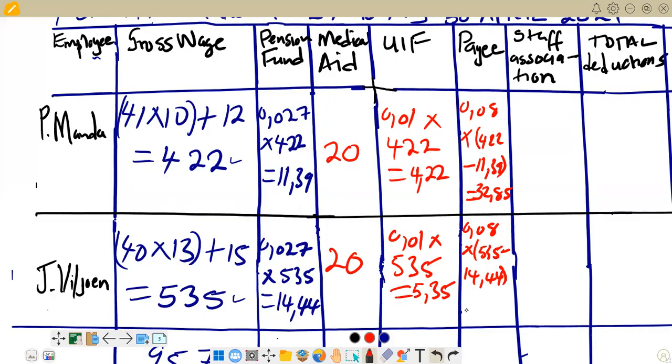So if you make the calculation there for JV join, on pay as you earn, you get 41.64.